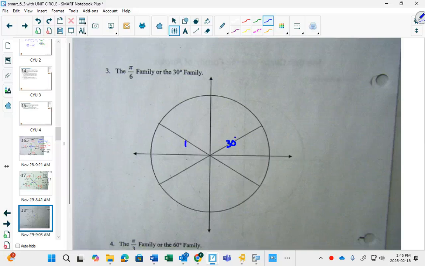Check how you did. Did you get 150 degrees here? 210 degrees here? And 330 degrees there.